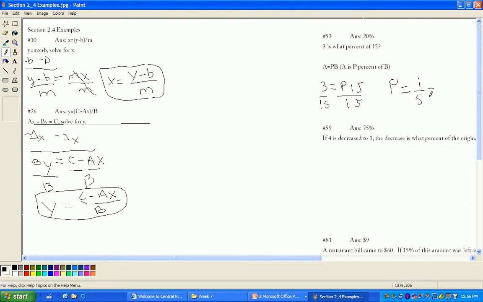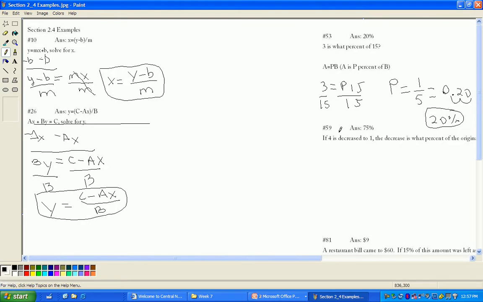Converting that into decimal form is 0.20, and they're asking us for percent, so we convert a decimal to a percent by moving the decimal 2 places to the right, 1, 2, so P is equal to 20%. And sure enough, that's what the answer is equal to there.